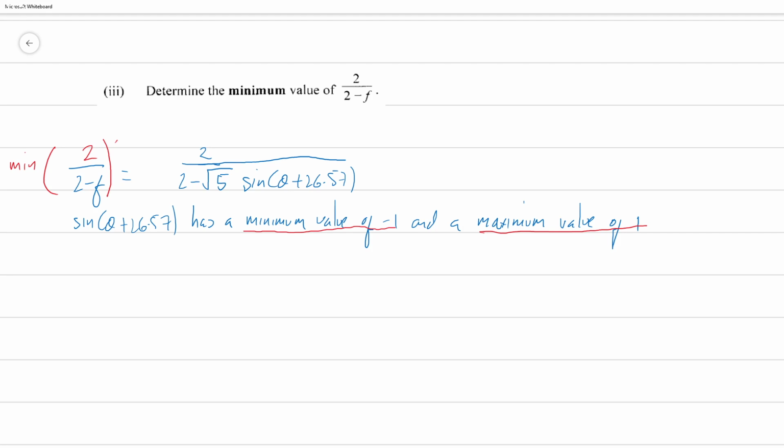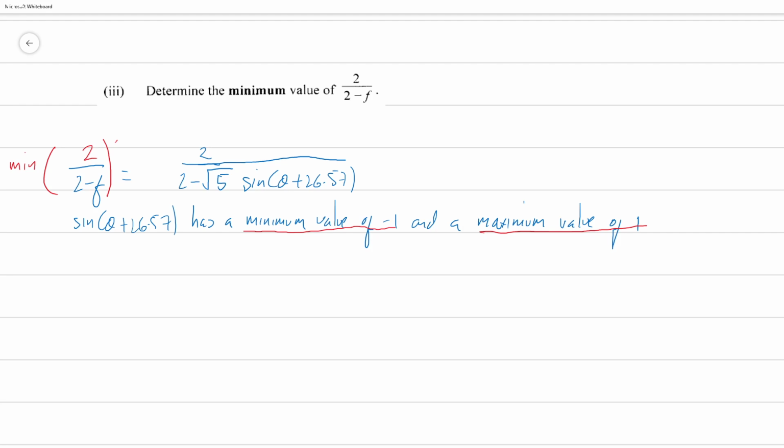So 2 minus root 5 sine of this expression, we would like it to be the largest value this denominator could accept. What happens when sine has the maximum value of 1, not the minimum value of -1? We want this denominator to be the maximum value, so the overall expression will be the minimum because you have to divide by a larger number.